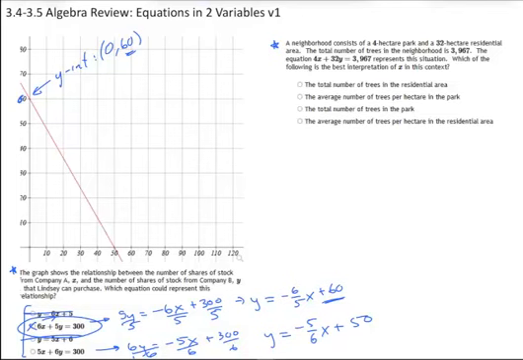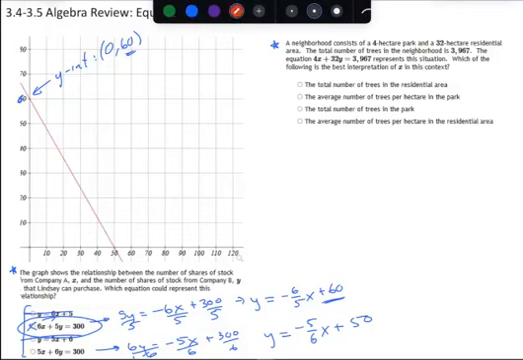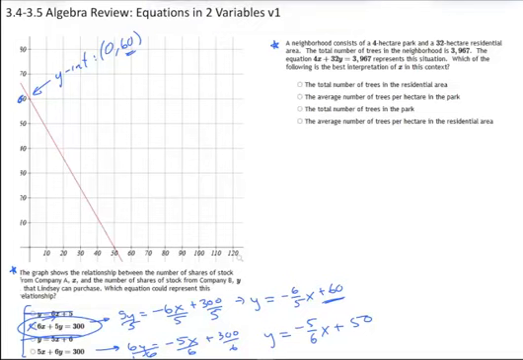Right, the final problem, again, the wording can be confusing, but if you just scan your answer choices, you see it's interpreting information, and you're either finding the total number of trees or the average number of trees in either the residential area or in the park. So if we go back up and find our equation, it's just a matter of identifying what represents what.